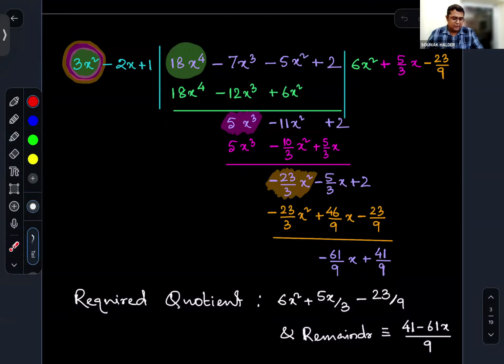Okay? This example has just been given to you to give the idea that sometimes in an examination hall like situation, we may feel that we might have done something wrong, how we are getting such nasty coefficients. So don't worry, if you were right on the basic process, then whatever results you are getting, you need not cross-check or re-verify them again and again. Because in school examination, you might have some time to revise your paper.